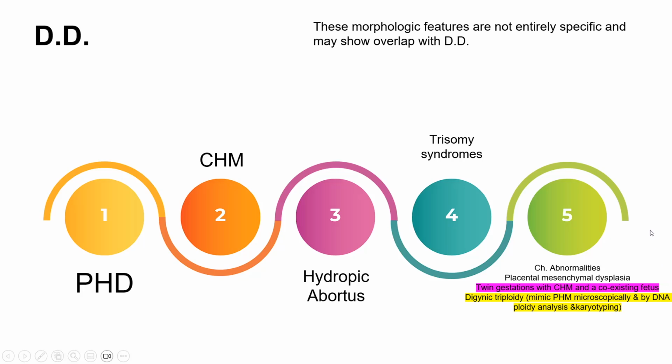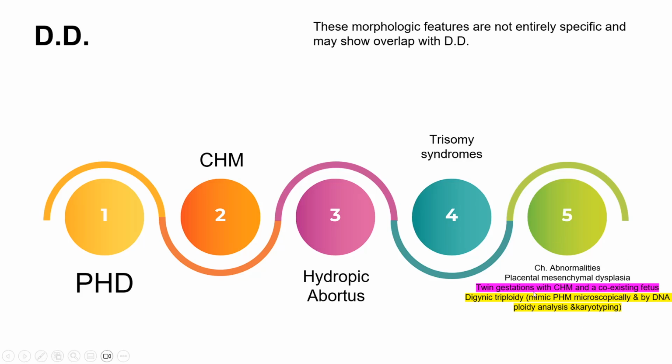In the immunohistochemistry I will have two sets of villi, some of which would have p57 intact and the others would have it lost. The ones with the loss are the complete mole, and the ones with the intact stain are those of the fetus, the other twin. But if this was a partial mole, the stain would have been intact in all of the villi. So both have a fetus and both have vesicles, but p57 can differentiate.